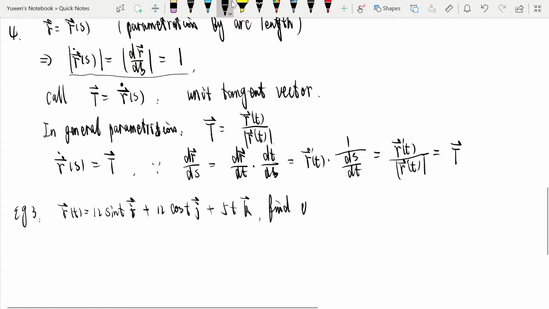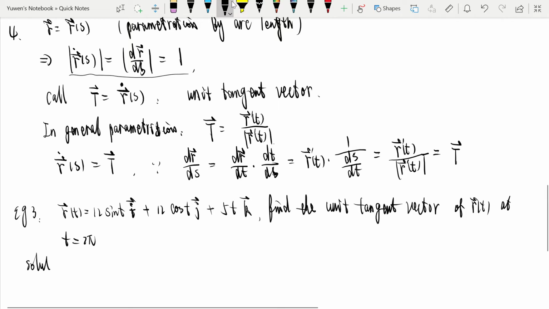Find the unit tangent vector at t equals 2 pi.